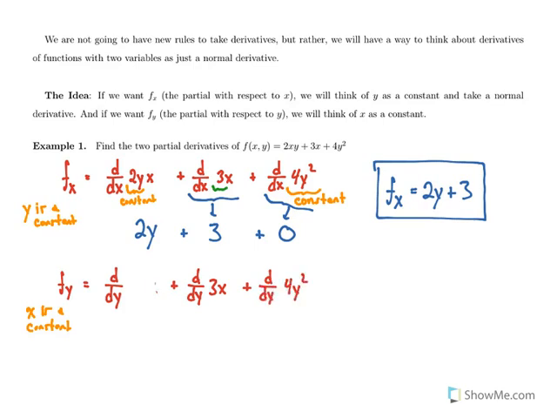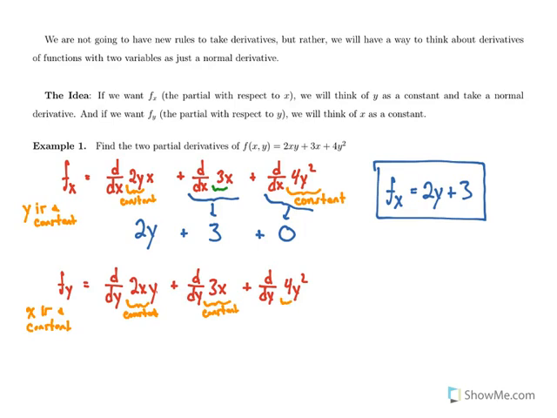And I'm going to rewrite this 2yx how we had before, 2xy, so we can do the same constant idea as before. So let's label all of our constants. This 2x is a constant, this 3x is a constant, and if you want, this 4 is a constant.